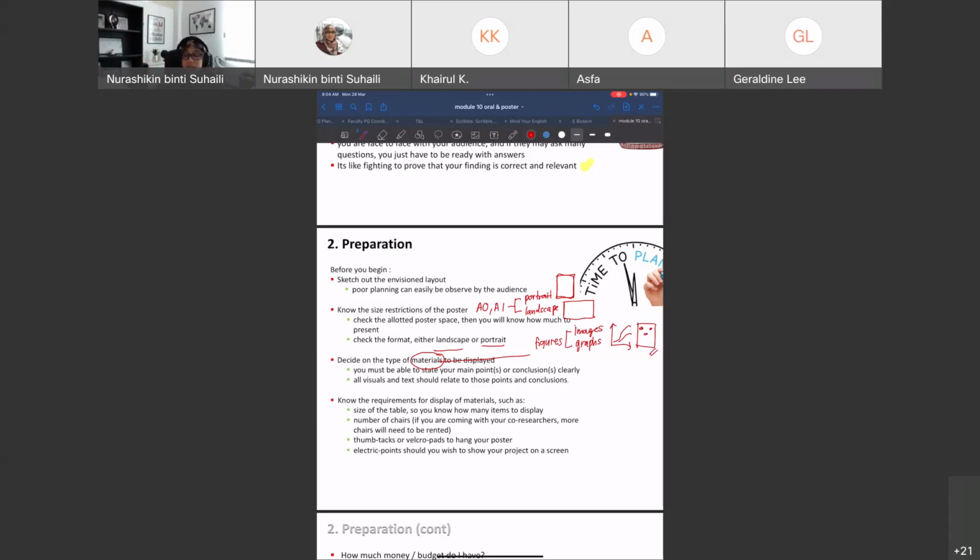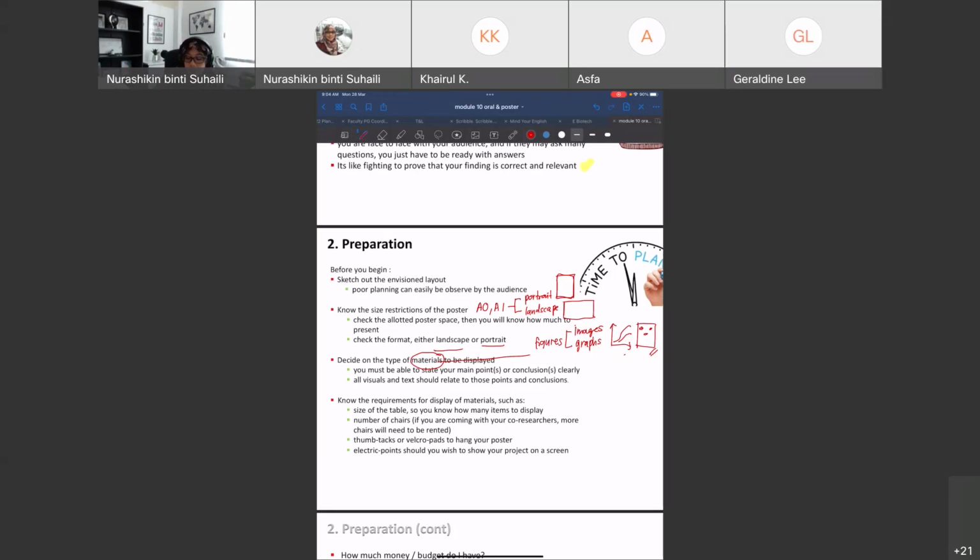Yeah? So there are many, it's not just limited to graphs or maybe pie chart or bar chart, things like that. Okay. Or maybe images under the microscope, like the morphology of bacteria, fungi that you have observed under the microscope. Yeah. So that is meant by materials here.